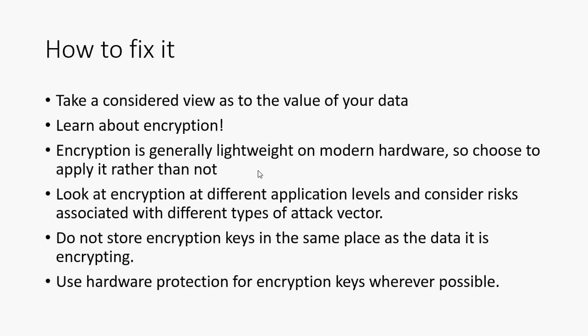In that case, I use a hashing algorithm because a hash is consistent when symmetrical encryption is designed not to be consistent. So when you understand about encryption, about the different mechanisms, you can then choose how you're going to apply it. But try and consider using it as your default position.